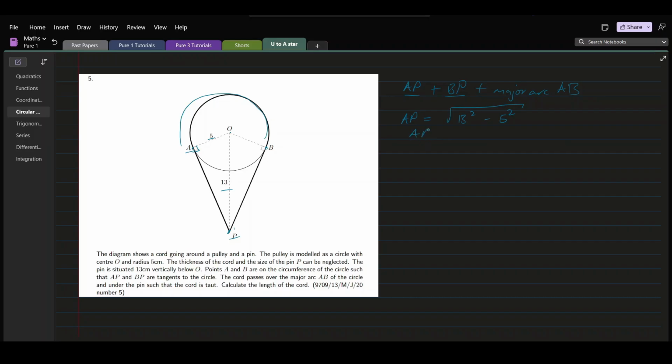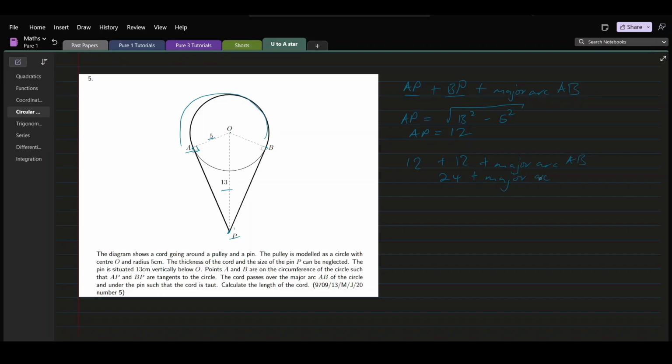So AP is equal to the square root of 13 squared minus 5 squared, and that gives us 12. So this becomes 12 plus 12 plus our major arc AB. So that's 24 plus major arc AB.